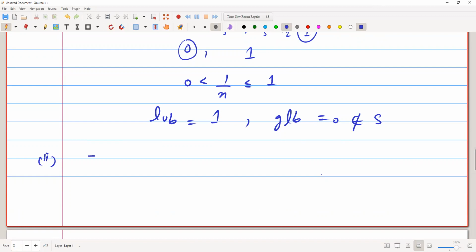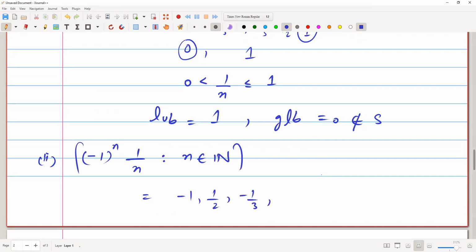For instance, (-1)^n times 1 over n such that n belongs to the natural numbers. Again, if we construct this set on the real line, first of all, we can write it as -1, 1/2, -1/3, 1/4, -1/5, and so on.